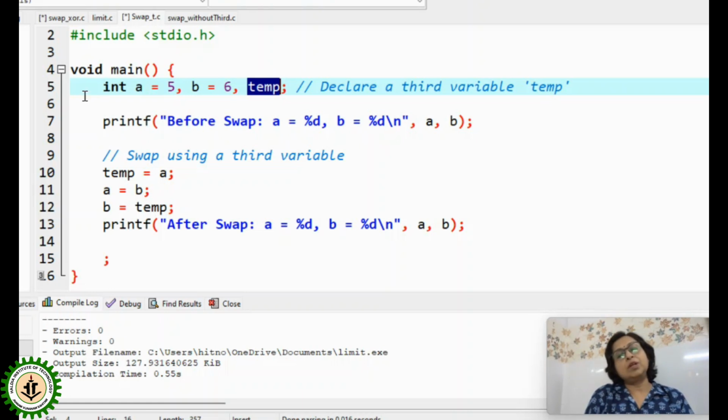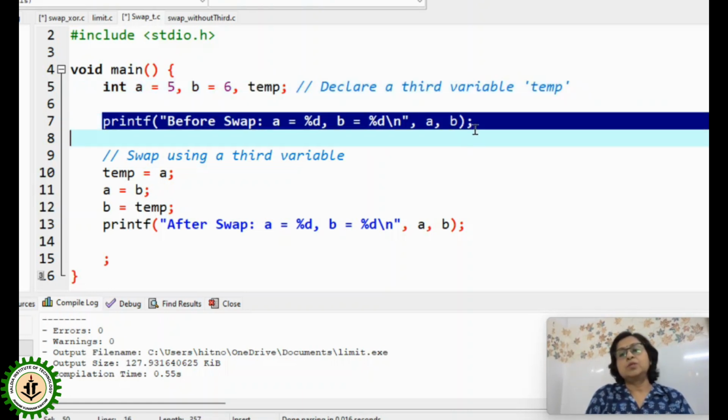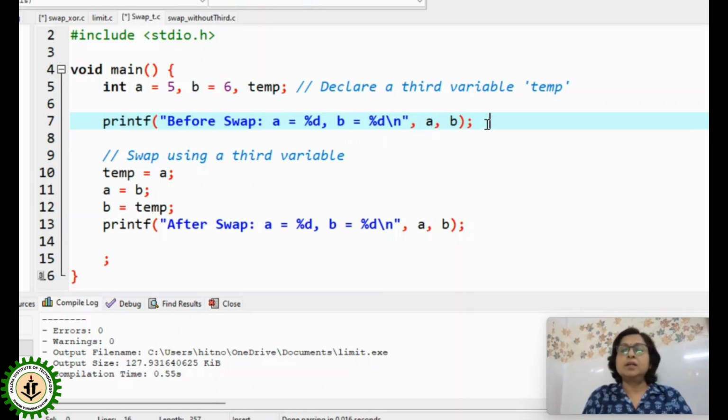Once we declare this, we would like to see the values. Definitely A will have 5 and B will have 6.